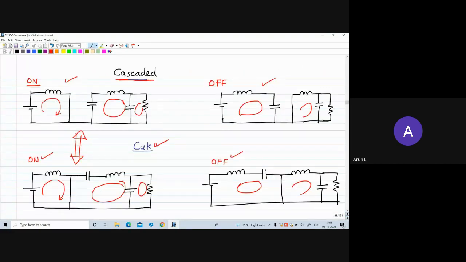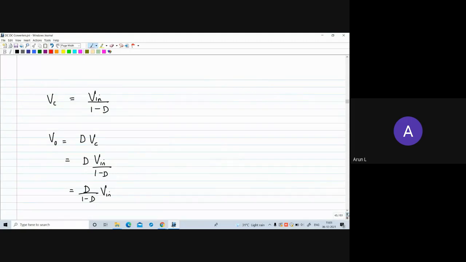And the input-output relation of the Cuk converter can be easily derived from the cascaded combination of boost and buck. So initially we have a boost converter here, and if this is input voltage V in and this voltage is Vc, then Vc, the output of the boost converter, will be equal to V in by 1 minus D. This relation we have already seen. And this is fed to a buck stage.